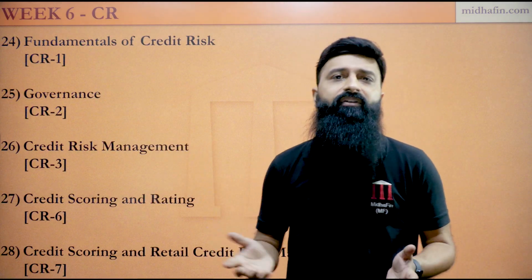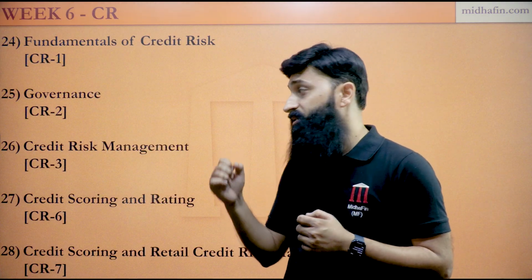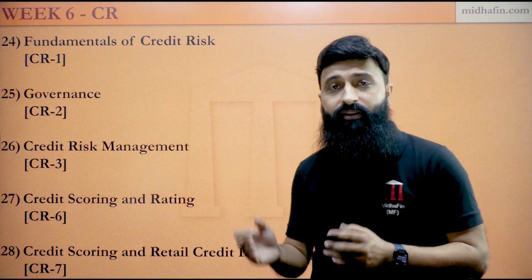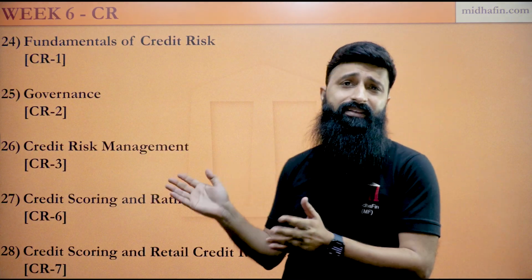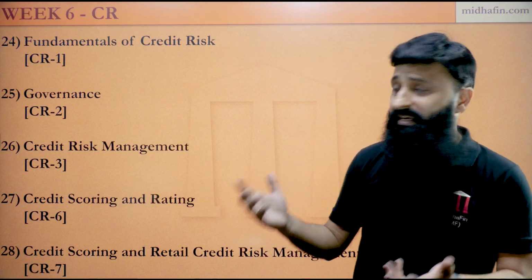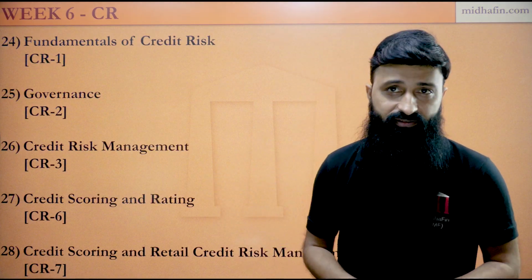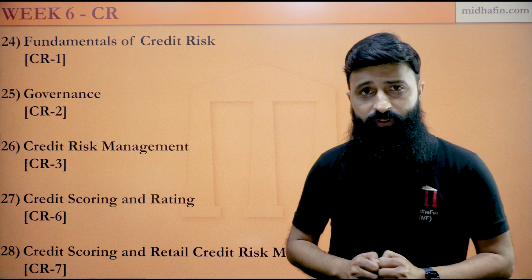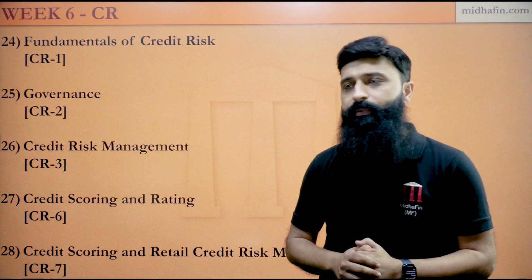So then you have governance. It discusses risk management responsibilities. There is a very important 3 lines of defense framework, credit origination, risk assessment, all these things will be discussed. And this chapter actually emphasizes the importance of governance structures in effective risk management. Then you have credit risk management, the third chapter.